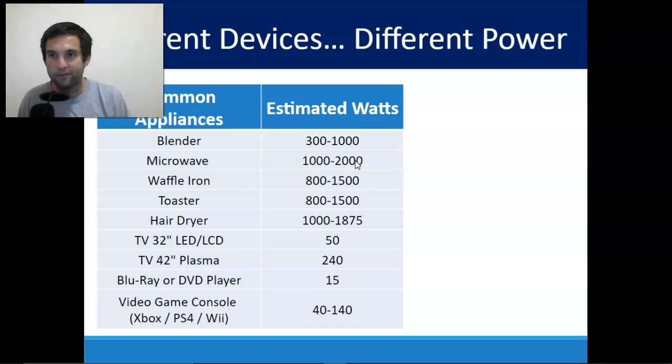If you were to run your microwave for an hour, let's say we're looking at the 1 kilowatt, then that would be 1 kilowatt hour, which is what your electric company bills you in. So your homework now is go look at your electricity bill and see how much you are being charged per kilowatt hour.